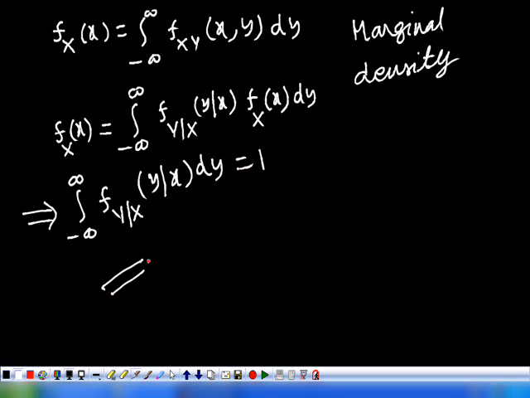So what this indicates is that the conditional density function will also satisfy the same properties. Therefore this is also a valid probability density function, because the area under this function is equivalent to 1. That indicates it is a valid probability density. But we call this the conditional density function. See, we have the joint density function, and this is the conditional density.